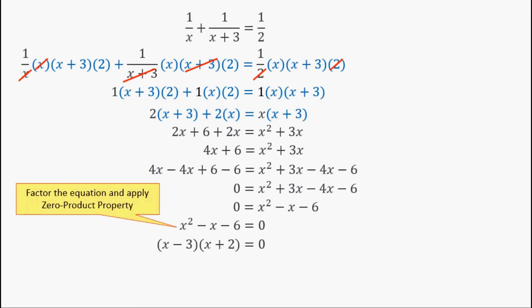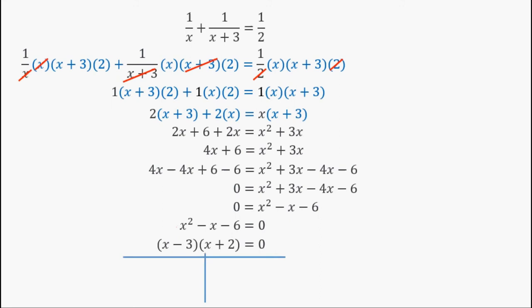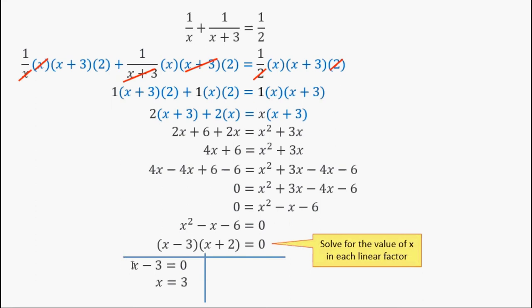And we have the quantity of x minus 3 times the quantity of x plus 2 is equal to 0. Solve for the value of x in each linear factor. So we have x minus 3 is equal to 0. Applying APE, we have x is equal to 3.